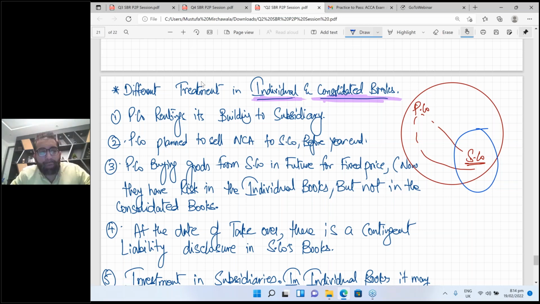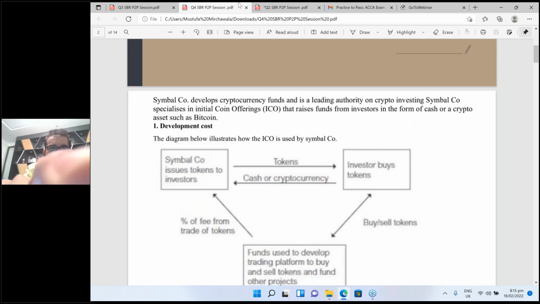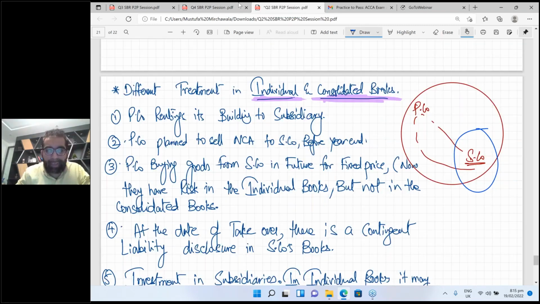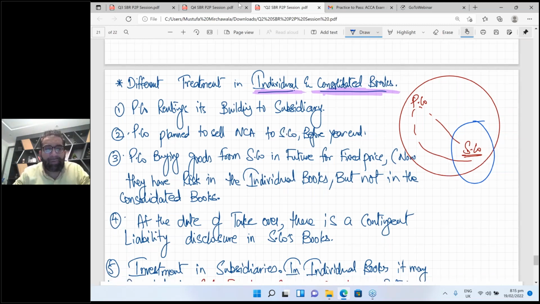So there is a difference of treatment: in the individual books of S company it is a disclosure, but for group accounting purposes you need to recognize certain contingent liabilities, if their fair value is available.